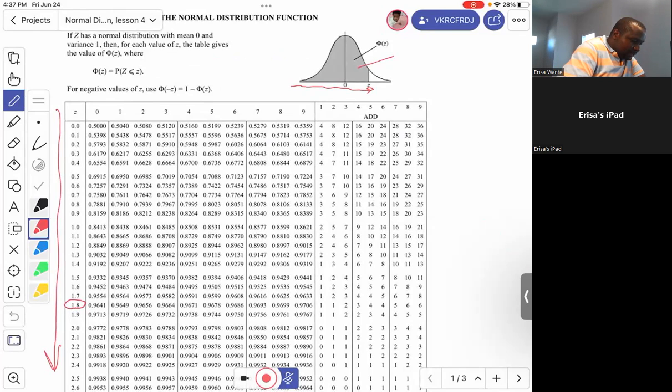This is 1.80, 1.81, 1.82, 1.83, 1.84. So 1.82 is 0.9656.